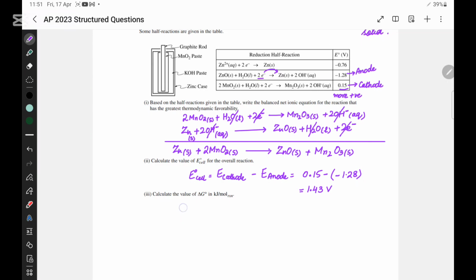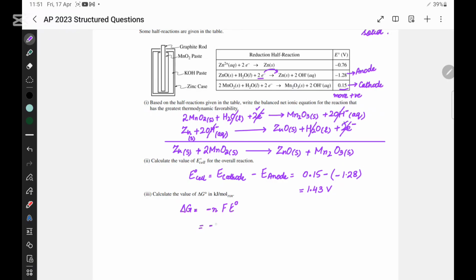Now for the next part, we have to calculate delta G in kilojoules per mole. The formula is minus n F times the E naught of the cell, where F is Faraday's constant. n is the number of electrons that are lost or gained. There are two electrons, gained here and lost here.